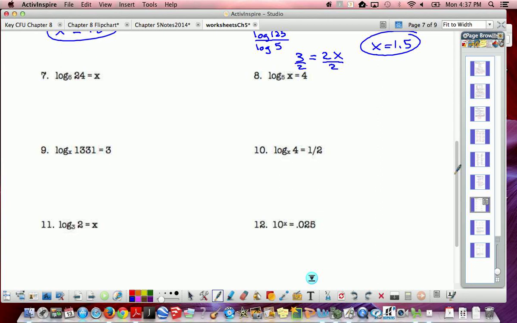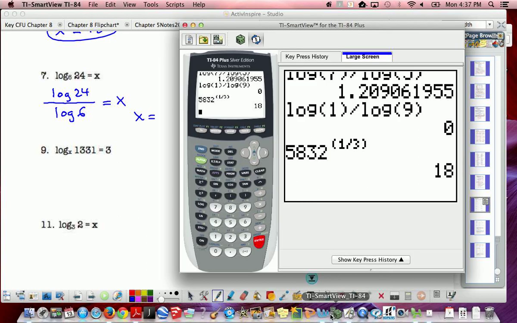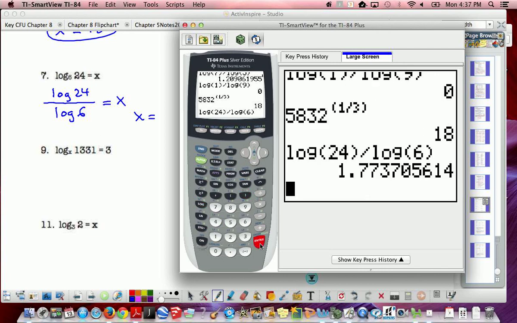All right, number 6 is just the change of base again. Log of 24 over log of 6. So that's what x equals. Go ahead and plug that one in your calculator, and you get log of 24 divided by log of 6. Hit enter.